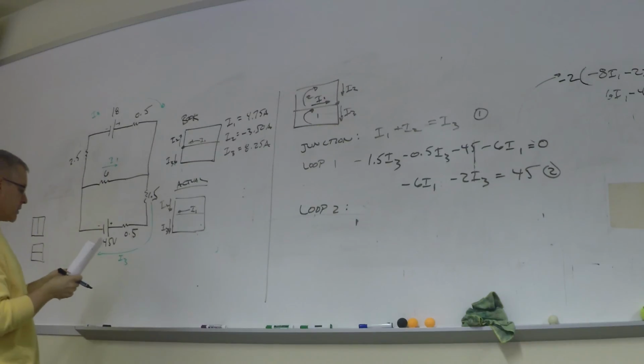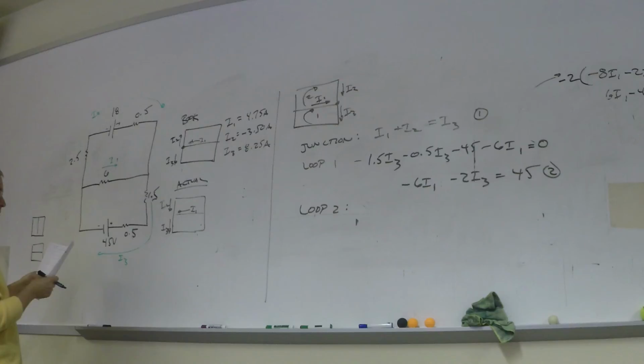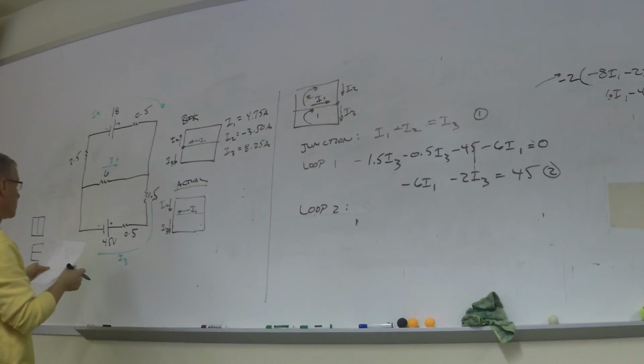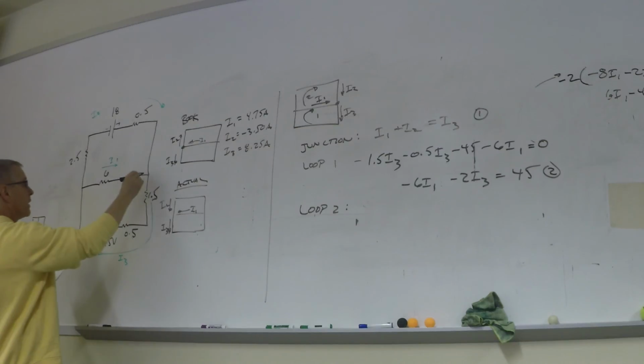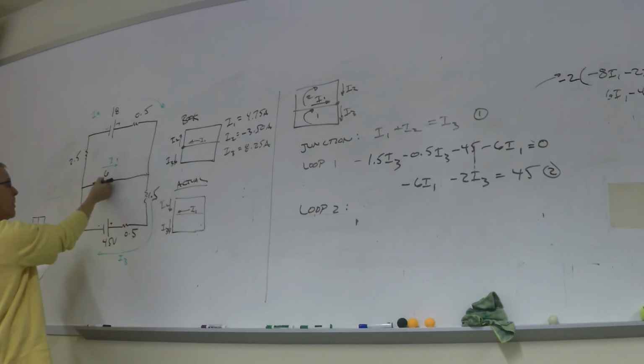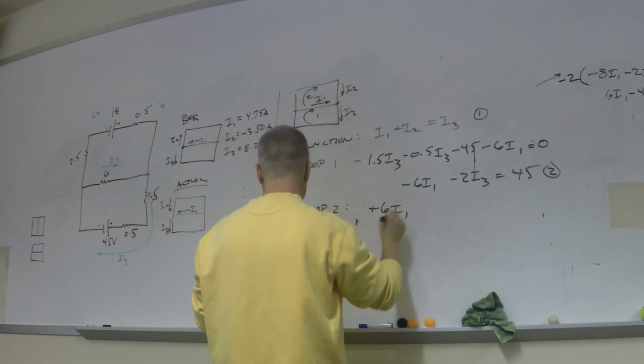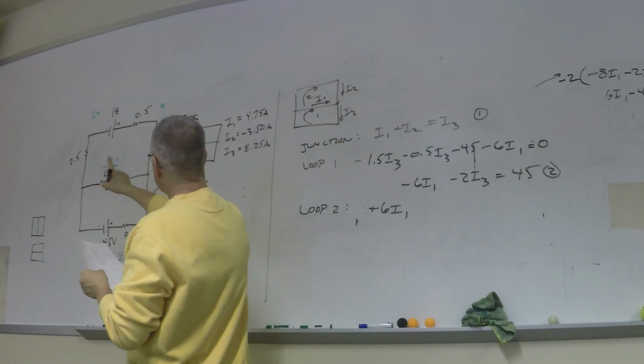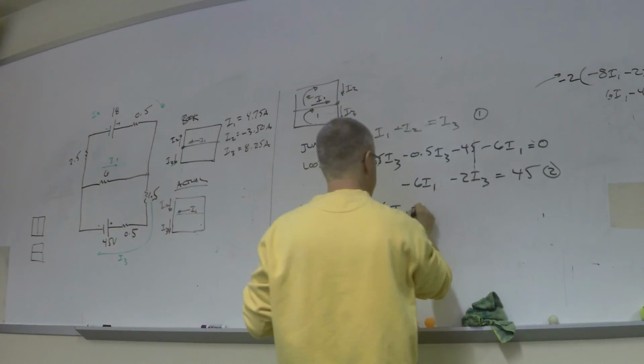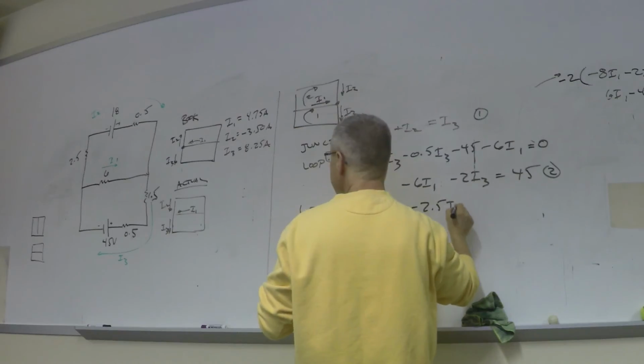Let's start right here and go around. So I go backwards against my current, so I gain 6 I1s. Let's see, now I'm in the upper branch, so we're talking I2s, I'm going the same way, so it's minus 2.5 I2s.